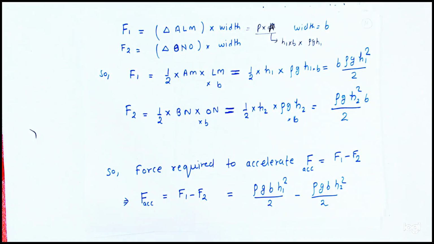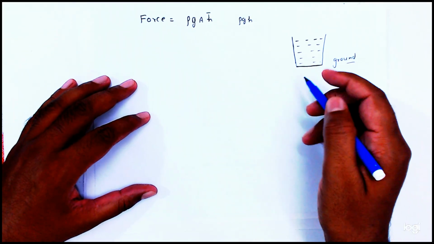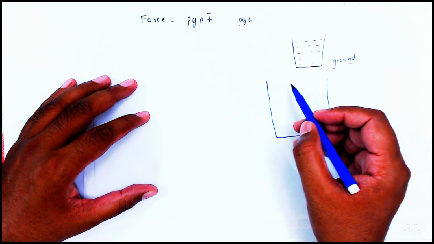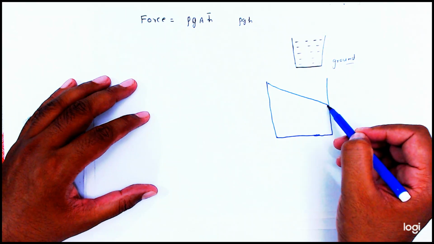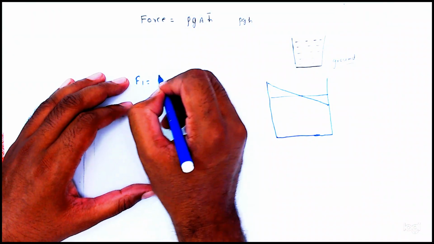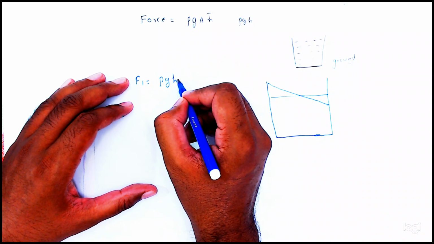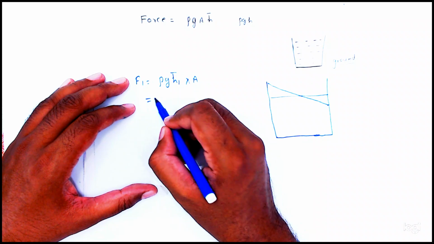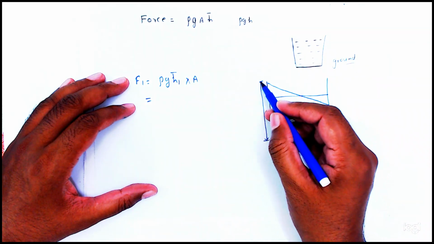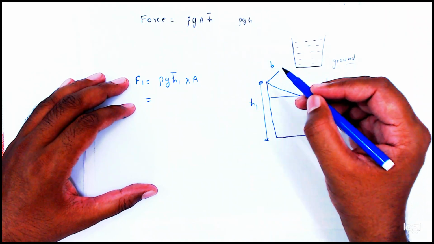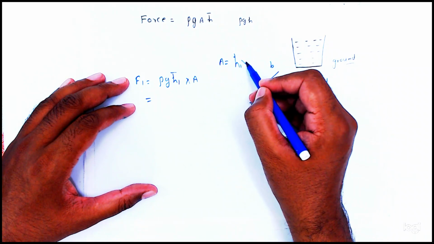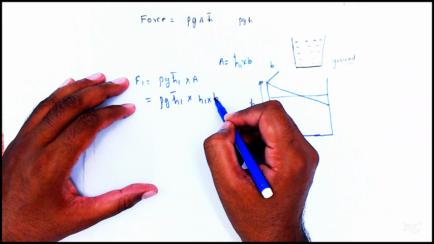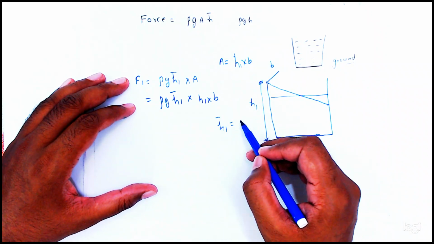So friends, what it is considering here: F1 is equal to rho G H1 bar into area, and the area is H1 and width is B. So area is equal to H1 into B. So here rho G H1 bar into area, which is H1 into B. And here, friends, it is considering this H1 bar is equal to H1 by 2.